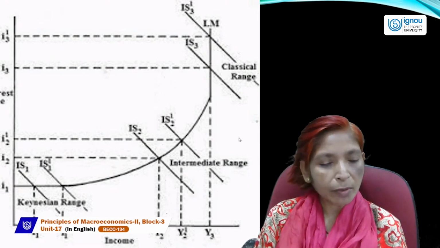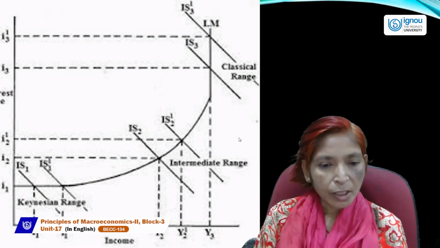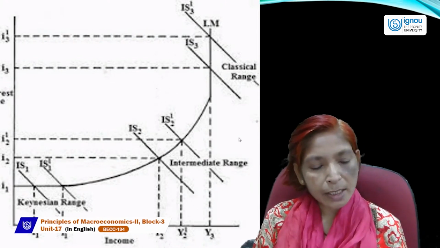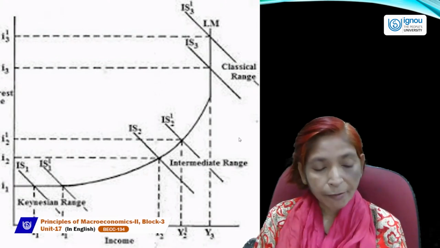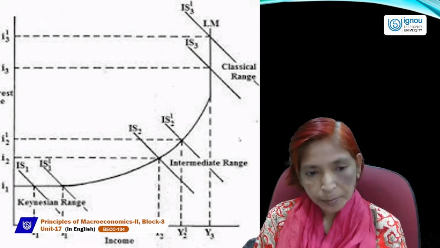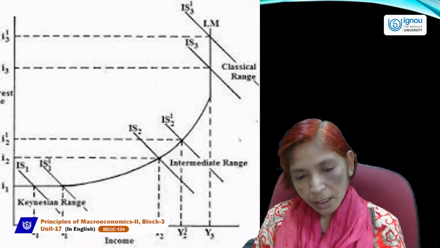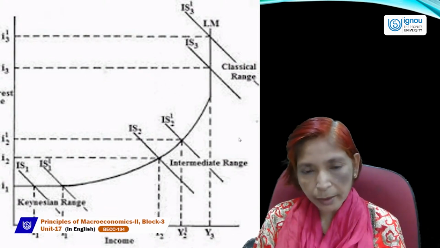At these two equilibrium points, we get income levels Y1 and Y2. Here we see that income is increasing by the multiplier effect, by the more ratio. At the intermediate range, income is increasing but not in the same proportion as the Keynesian range.